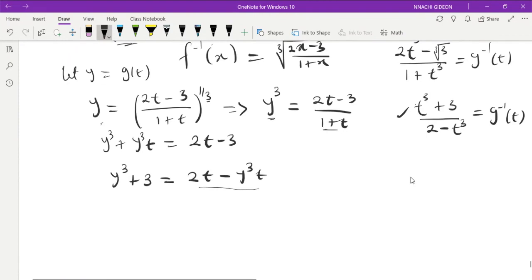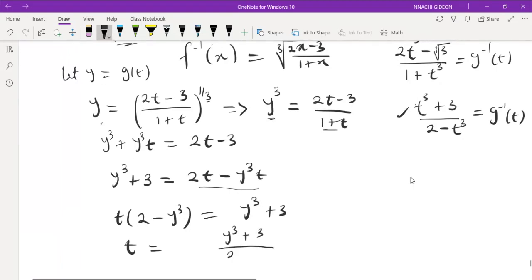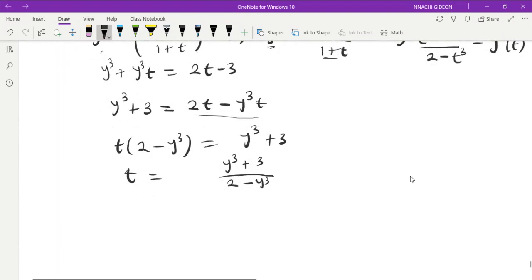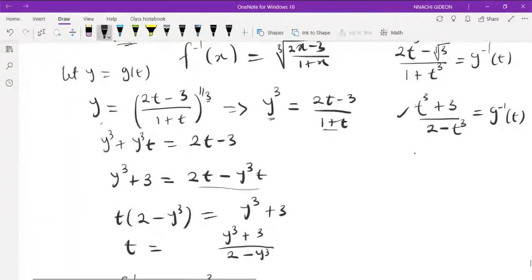I'll factorize t here: t into (2 minus y cube) equals y cube plus 3. So making t the subject, this becomes (y cube plus 3) over (2 minus y cube). Once that is done, you put it in inverse form and replace the y by t. So you have t cube plus 3 over 2 minus t cube, which is exactly what Fortune got.